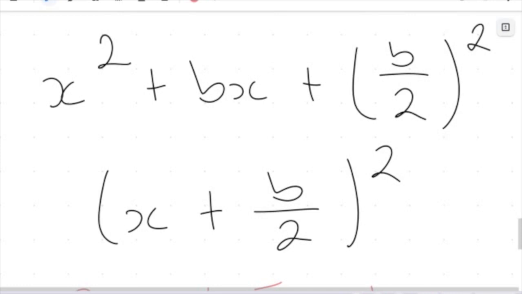Now let's just double check that this is confirmed in our other questions. We have x, and the number adding to x in here was always half of this coefficient, and then we squared the entire thing.